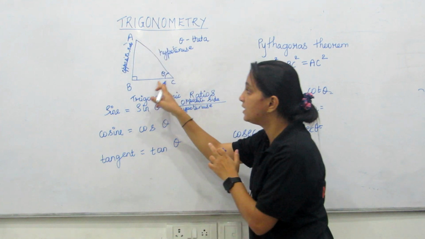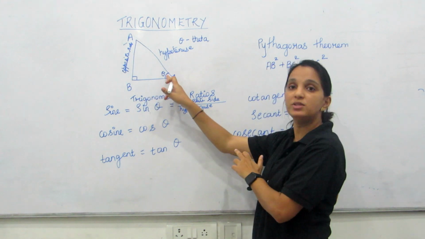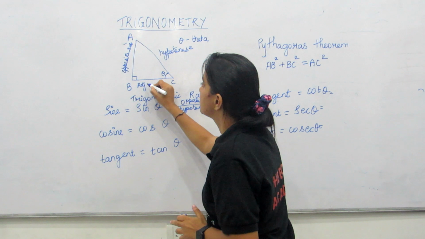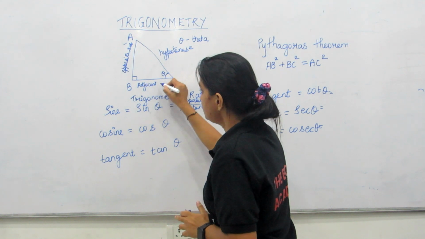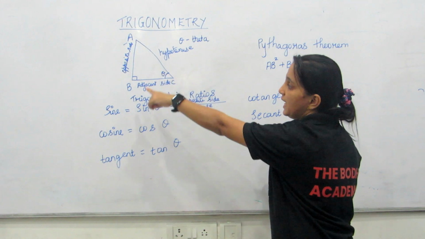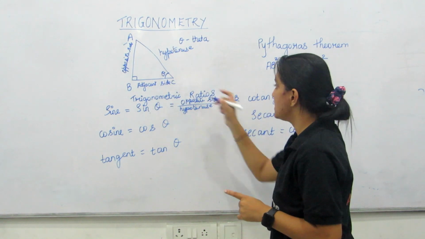And the side which is connected, which is adjacent to this theta, is called the adjacent side. Now we will mark here. See, opposite side is AB upon hypotenuse is AC.